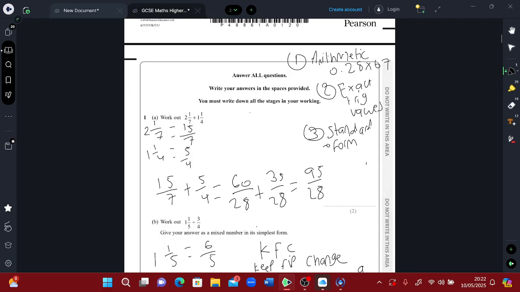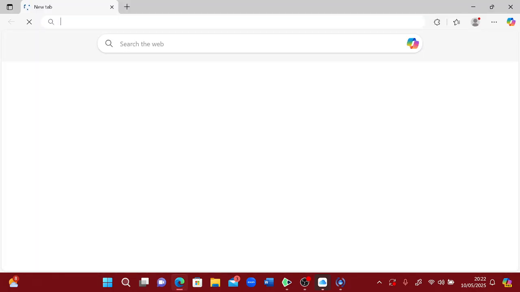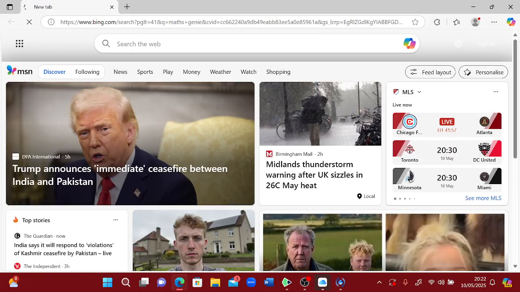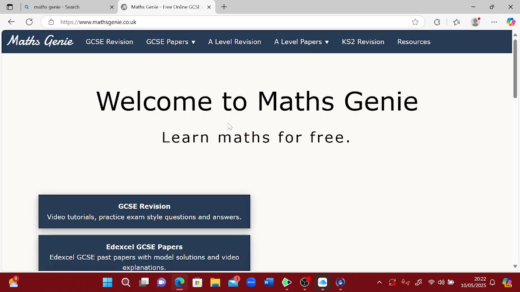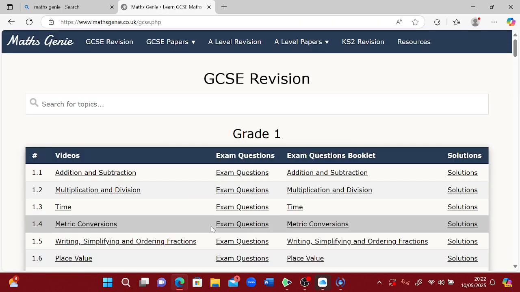And just before I leave you, I'll recommend this website. Oh, I don't have the website open, but it's here. And it's Math Genie. I think this website is a legend and a lifesaver for maths GCSE. Let it load. And yeah, you go into GCSE revision.